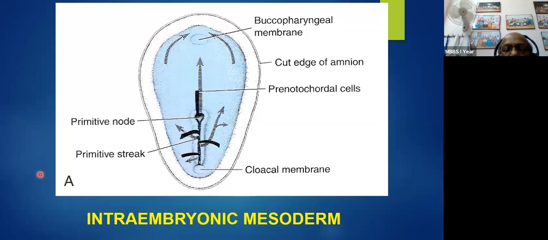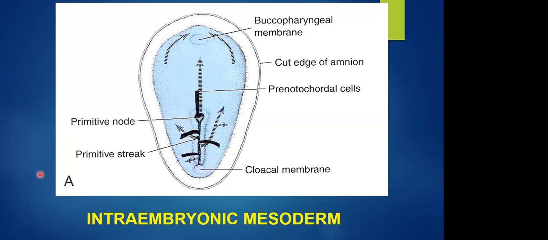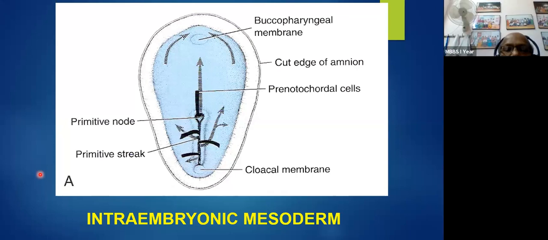First, once again, I am projecting this. So this picture is for what? The arrow mark you are seeing. A student, please. Already the title is there. It is for the development of intraembryonic mesoderm.